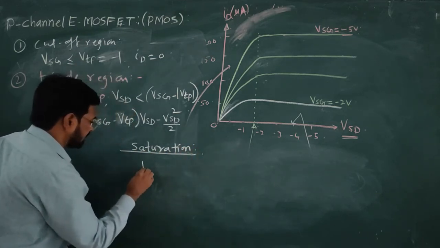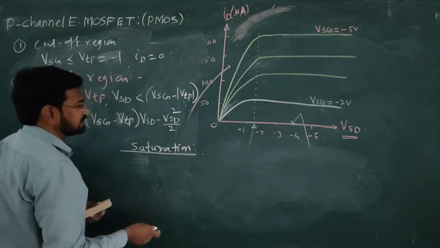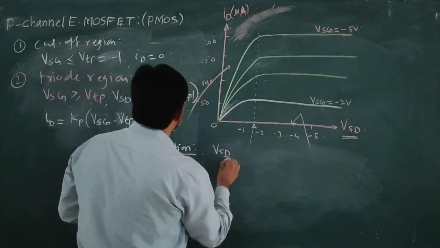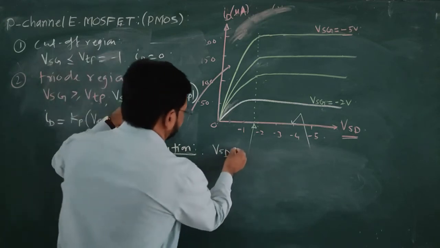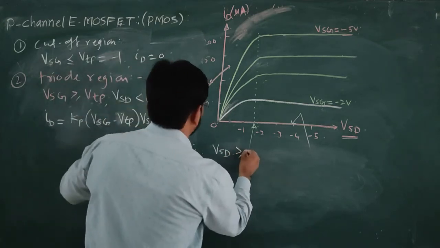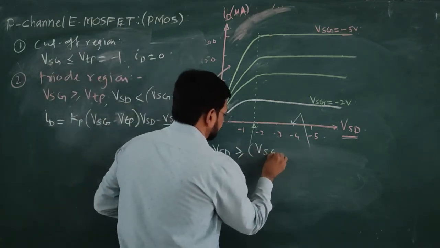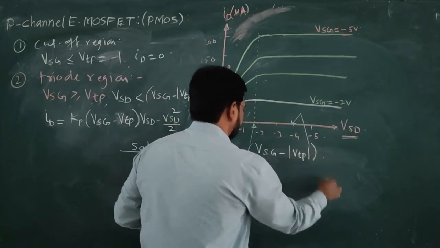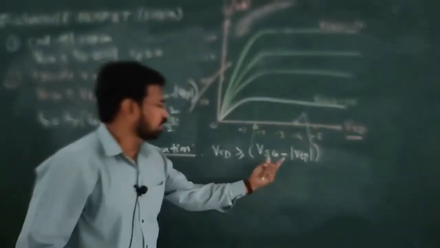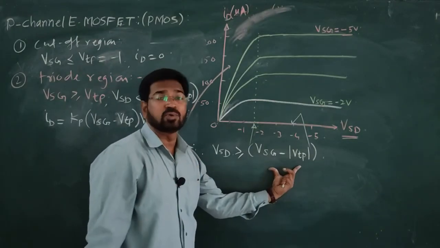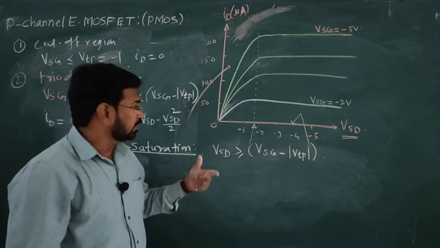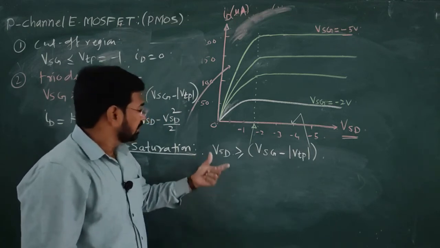The condition to be in saturation is VSD greater than or equal to VSG minus mod of VTP. Here we are taking mod. This voltage is called the overdrive voltage. What is the overdrive voltage of a MOS transistor?